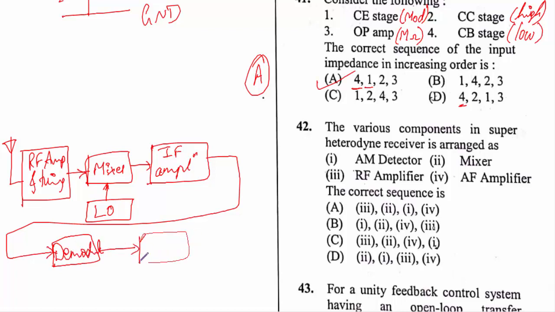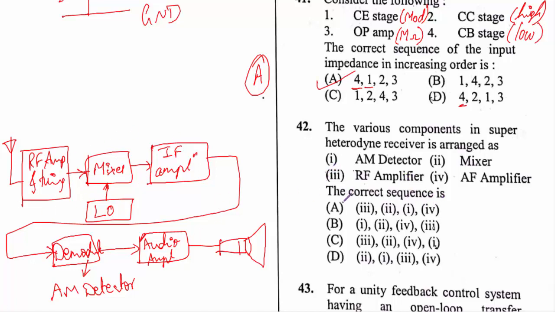Followed by you will be having audio amplifier. So to boost the signal strength, we are going to make use of audio amplifier. In order to listen to the message, you are going to make use of loudspeaker. So demodulator block is nothing but AM detector. So the blocks are given, you have to arrange in a proper order.